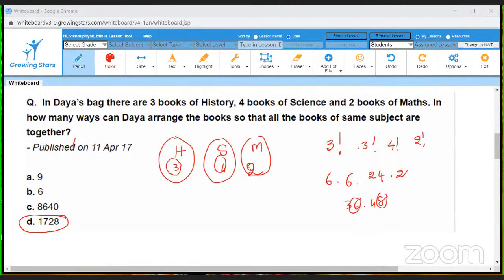I need not multiply fully. Without multiplying, just multiplying the end numbers, we can get the answer. So that is a shortcut way of getting the answer. Okay, I'll put the next question.